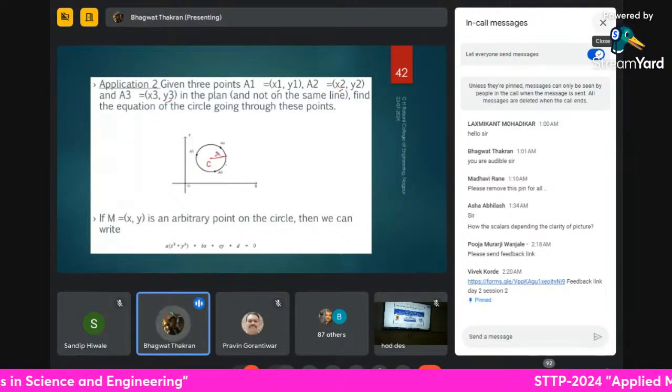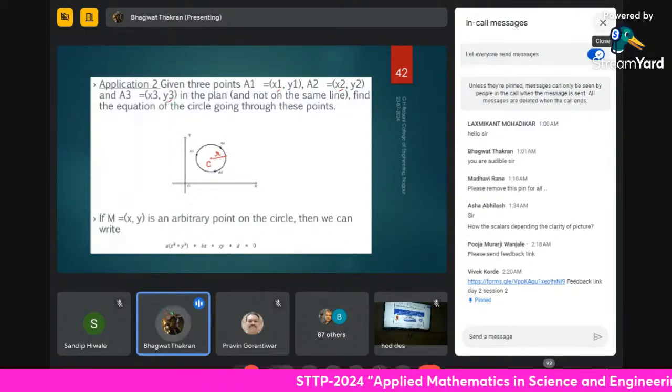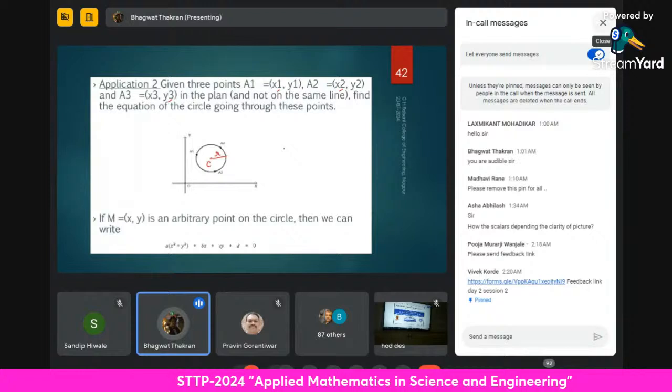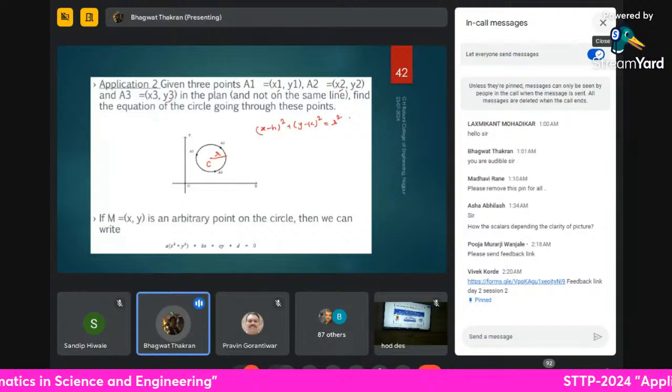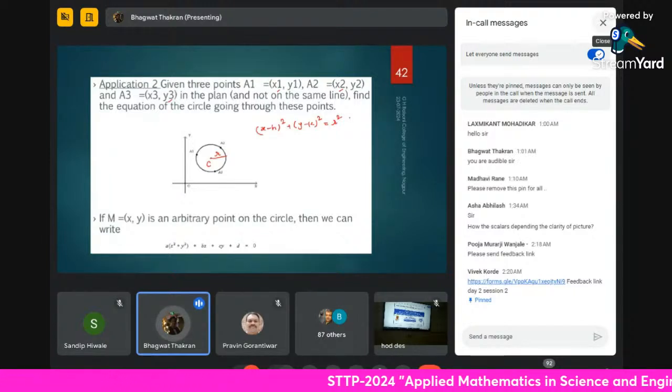Because if we know the center and radius, easily we can find the equation of the circle by the standard formula, x minus h whole square plus y minus k whole square equals r square, right?